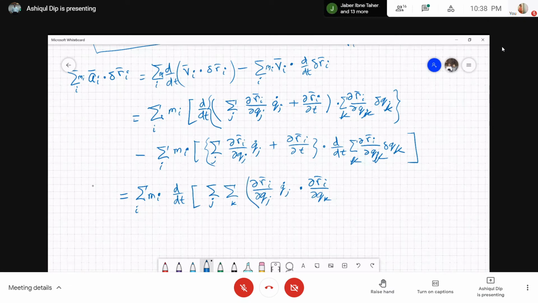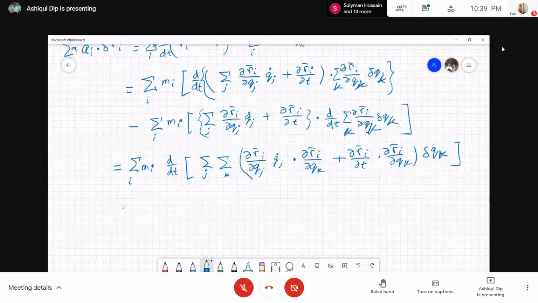So this is one part, and then delta r_i by delta t dot partial derivative of r_i with respect to q_k, then variation q_k. Okay, this is one part. We do the same thing for the other one as well.